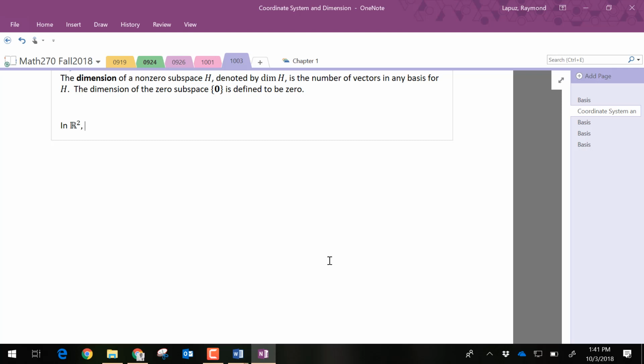So remember our subspaces in R2? The basic subspaces that we know should be there would be all of R2, our zero vector, and there's one other subspace that's a proper subspace.